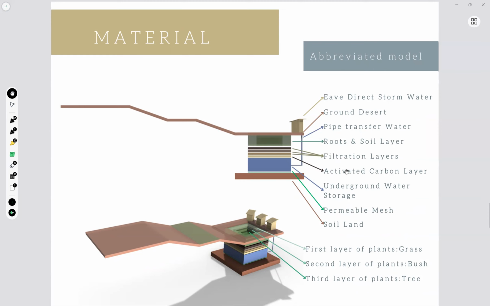And then at the bottom of the filtration layers, we have the active carbon layer, which could help to absorb the tiny impurities. And then the water goes to the underground water storage. At the bottom of the water storage, there is a permeable mesh, which allows the water in the storage to drain very slowly, but still drain into the soil, which is the sand.